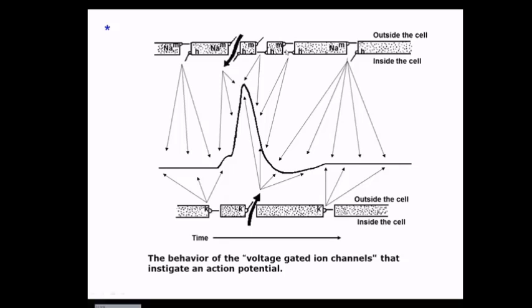That's pretty wild, isn't it? Whereas the potassium voltage-gated ion channel only has two. And that's all it needs. Are there any questions?